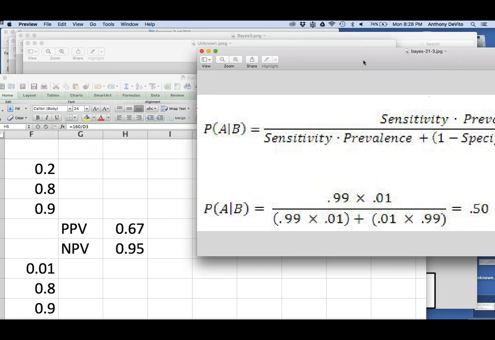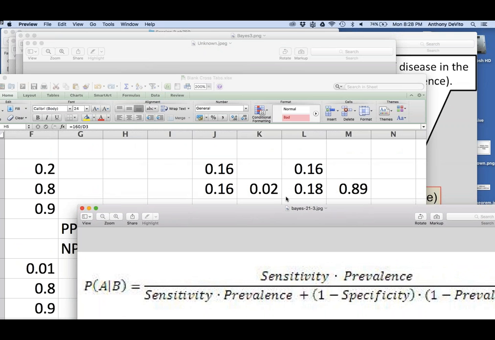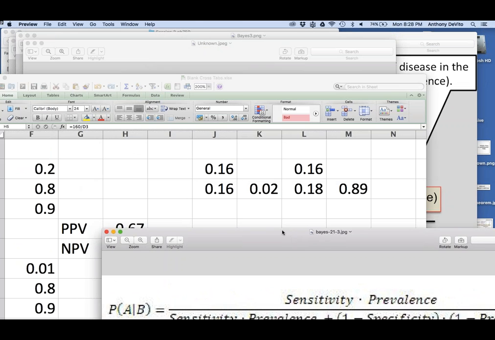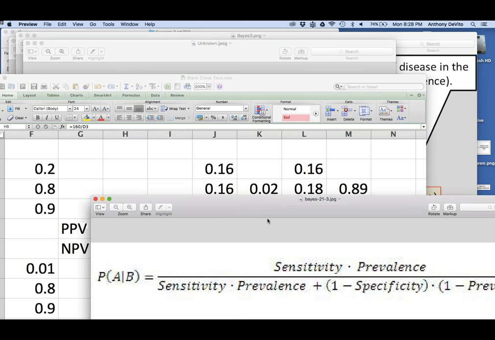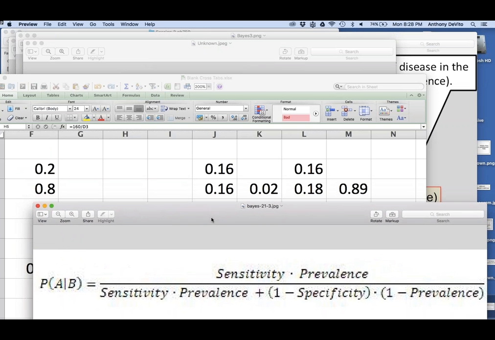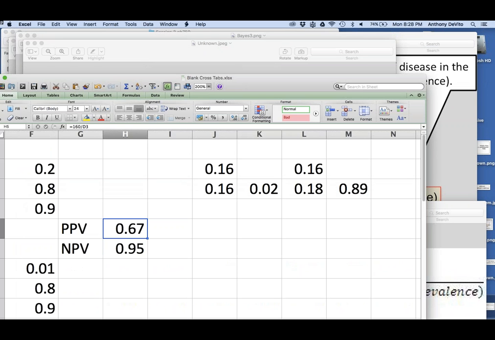Sensitivity times the prevalence, which was, what's that? 0.16. Okay, now 1 minus the specificity was 0.1 times 1 minus the prevalence. Oh, I'm sorry, it should have been 0.8. The prevalence was 80%, right?